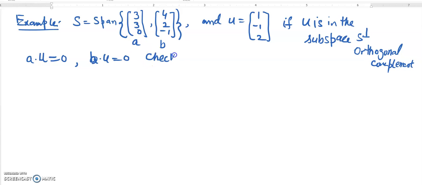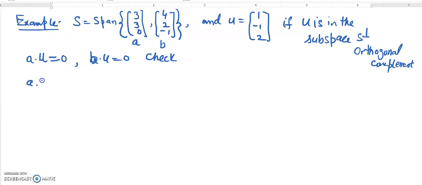If it is 0, then we can say that U is in the orthogonal complement, S perpendicular, of the given subspace.